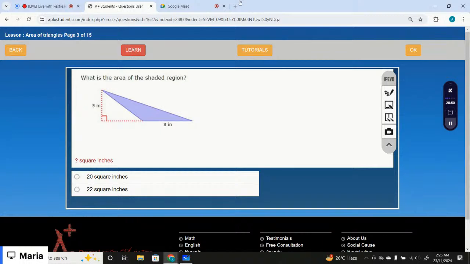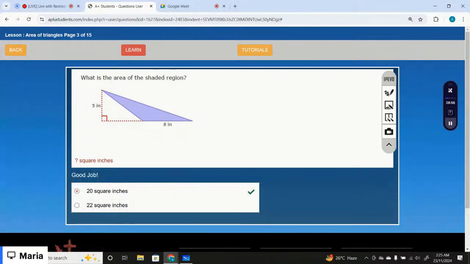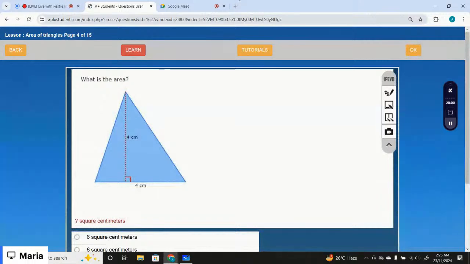That is option number 1, the correct option, that is 20 square inches. What is the area? Which is the correct option?